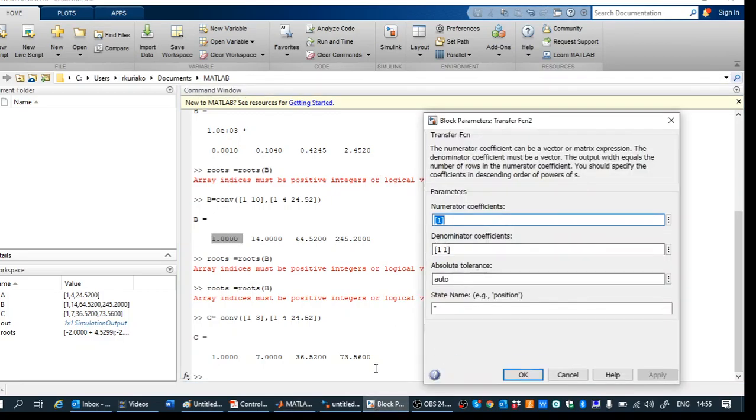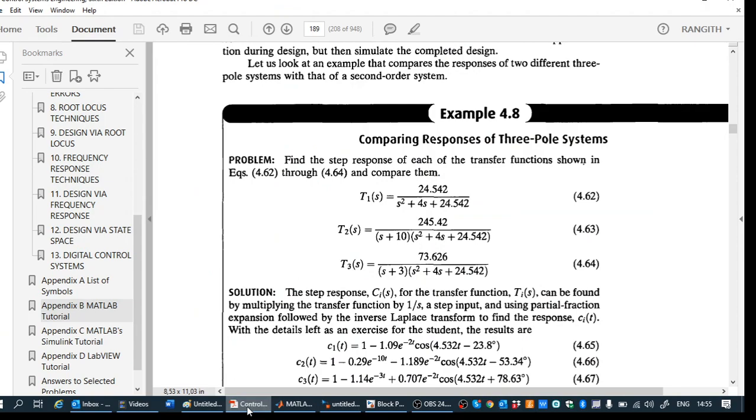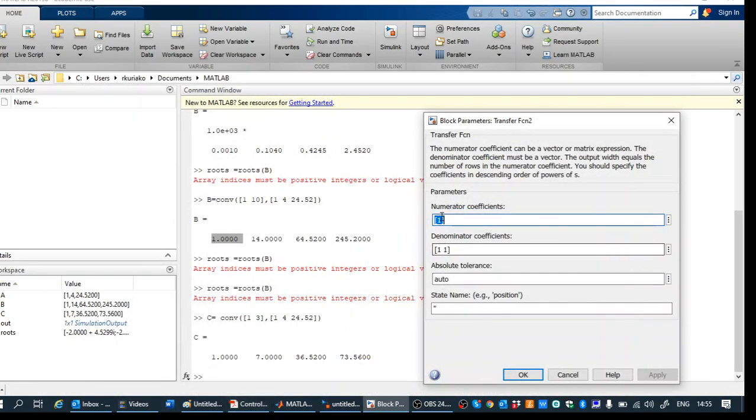The numerator in this case is slightly different. It's 73.626. So the numerator is 73.626, and then on the denominator you have 1, and I'm following this block here, 7, 36.52 and 73.56.